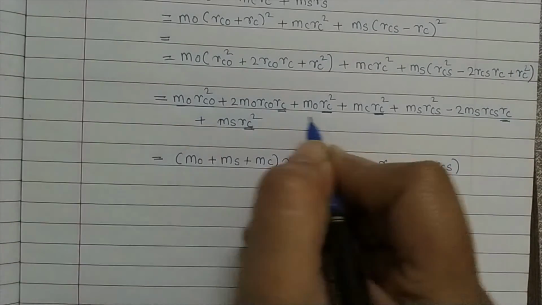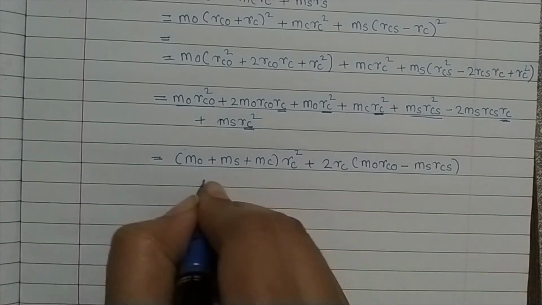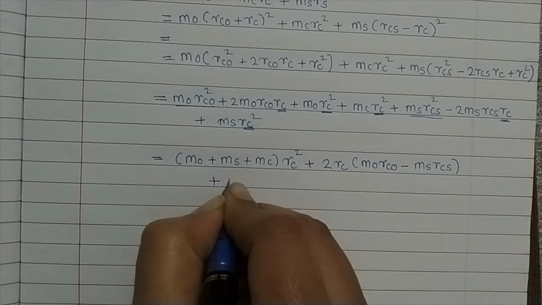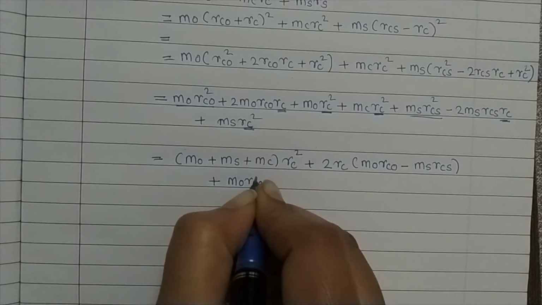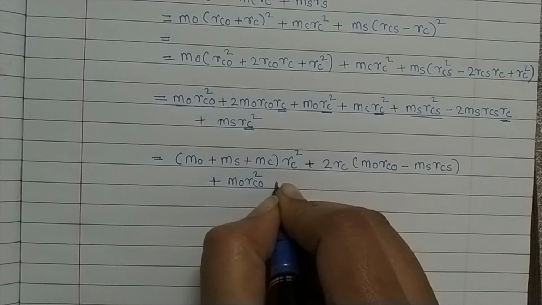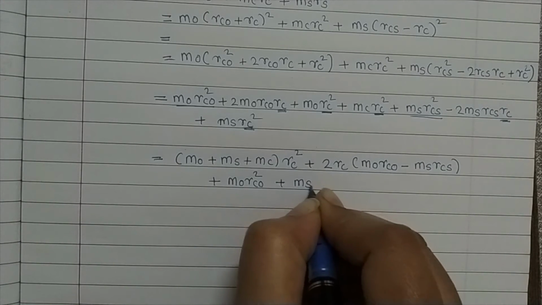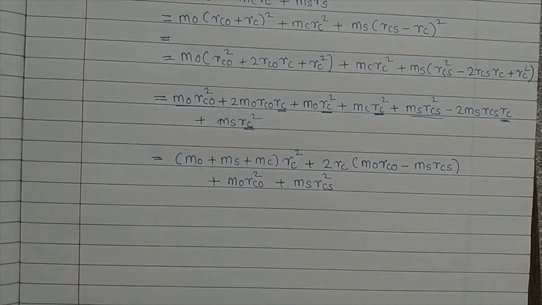Whatever the remaining things are, that is plus MO RCO square plus MS RCS square. Is it okay?